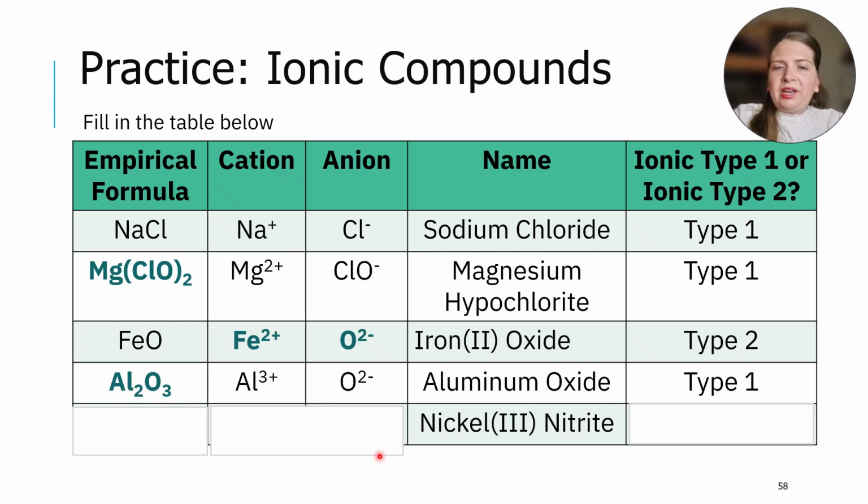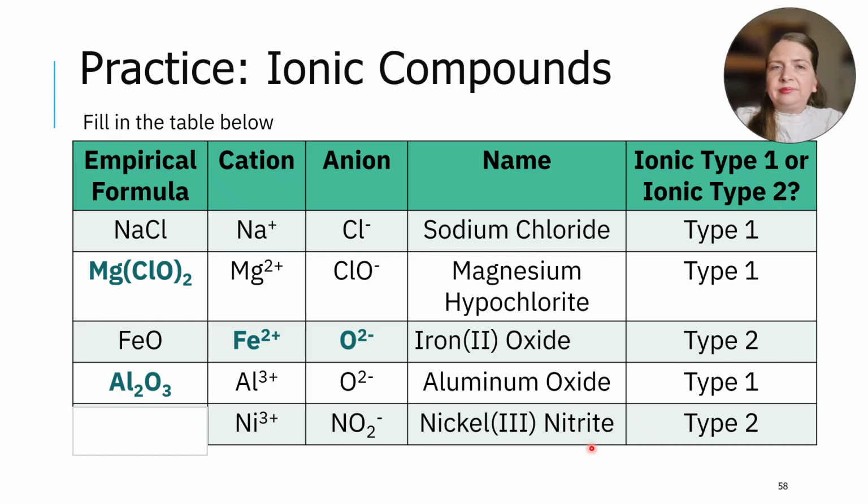Lastly, we have nickel(III) nitrite. The Roman numeral tells us that this is a type 2 ionic compound. Nickel must have a 3 positive charge in this compound. Nitrite is a polyatomic ion ending with ITE.